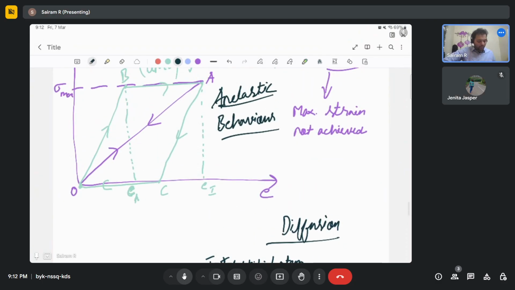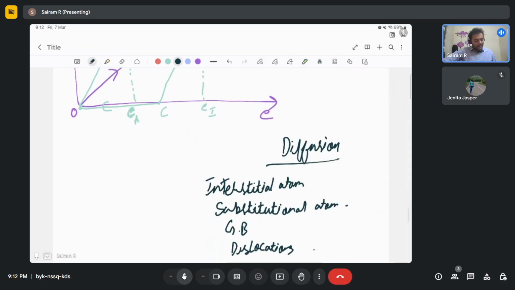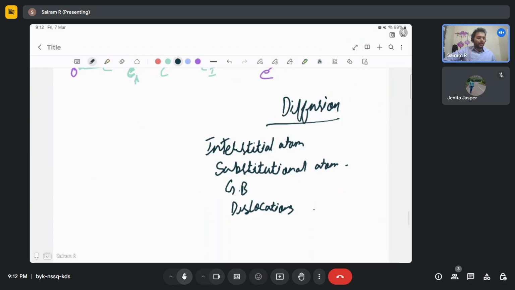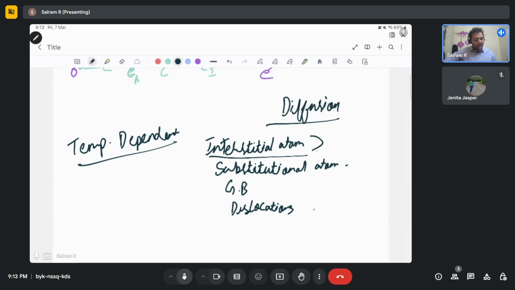Whenever there is diffusion, we know that it is going to be temperature dependent, and the time for movement of an interstitial atom is going to be different from the time required for movement of a substitutional atom, because an interstitial atom, let's say carbon, is generally smaller than an iron atom in steels.